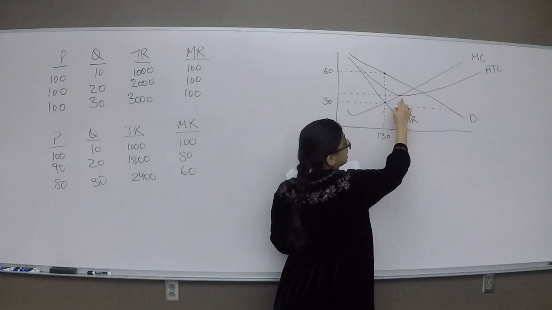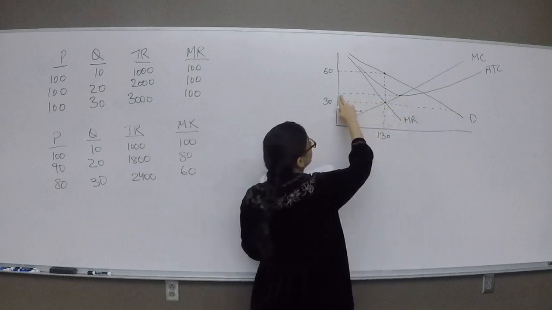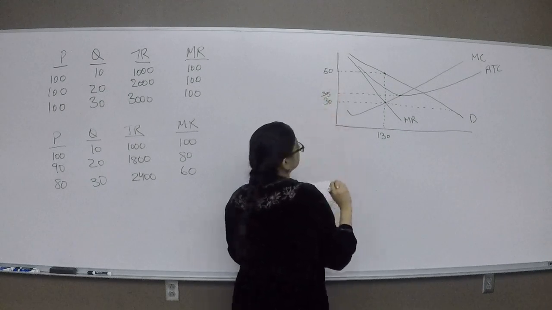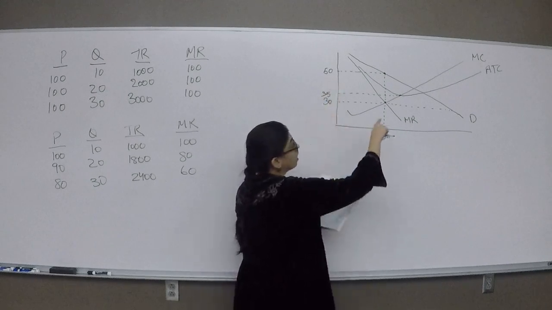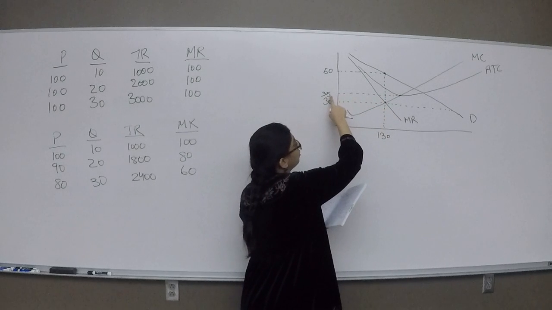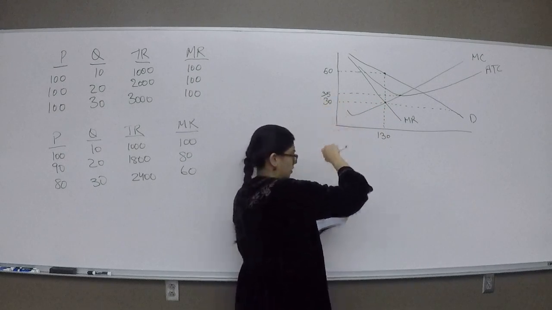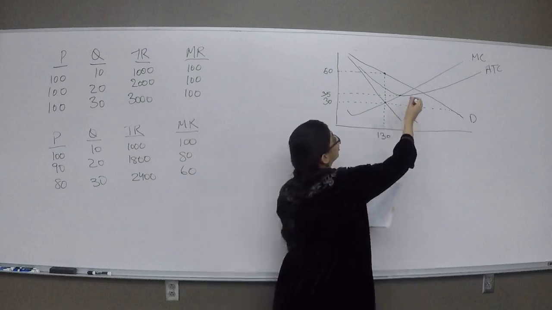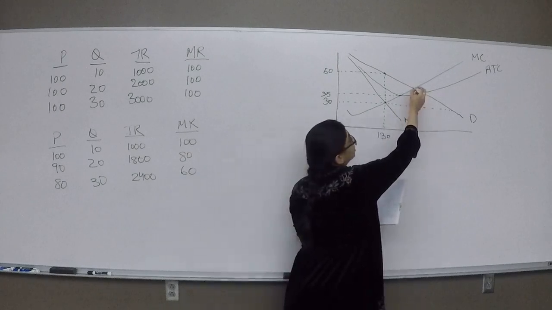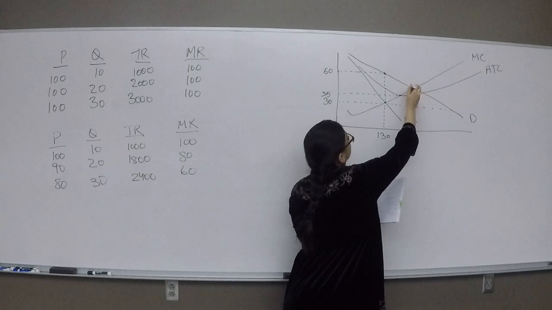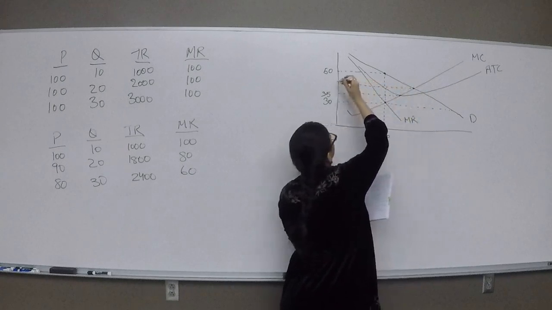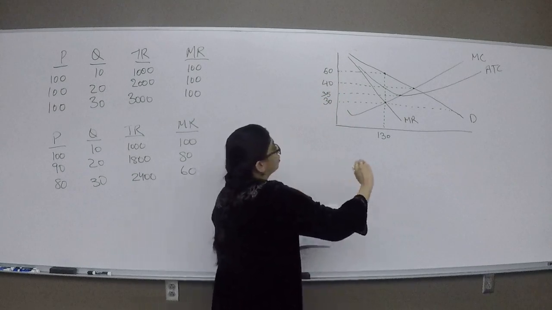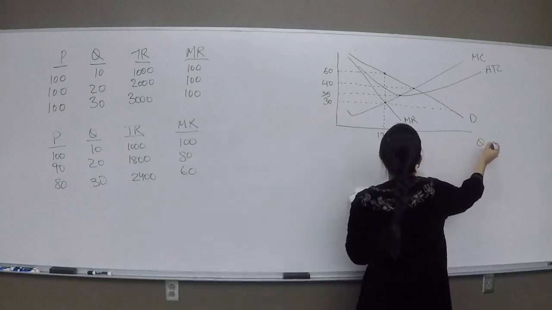The minimum of the ATC curve, if you go directly to the left, that price is 35. The next price, which is where marginal cost is intersecting with demand, that price is 40. So this is your quantity and your price.